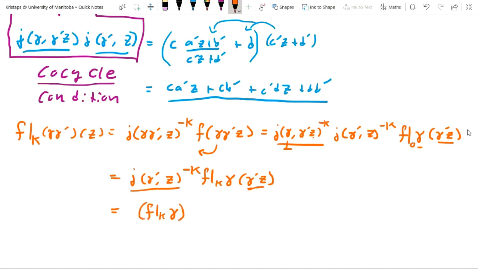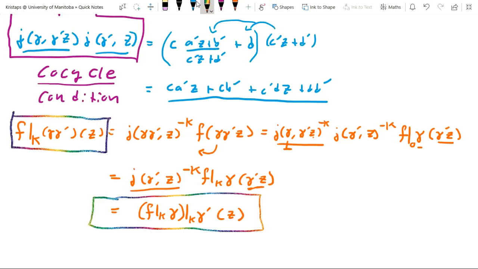So I have the weight k operator of gamma acting on f, and the weight k operator of gamma prime acting on f, all for the argument z. And thus we've shown that the group action does respect composition of elements in the group.